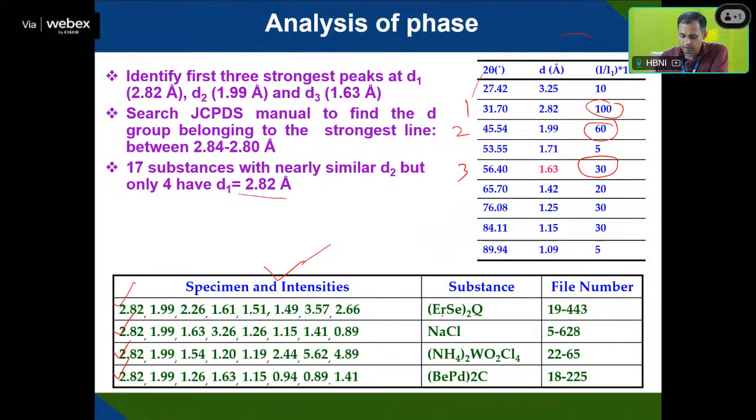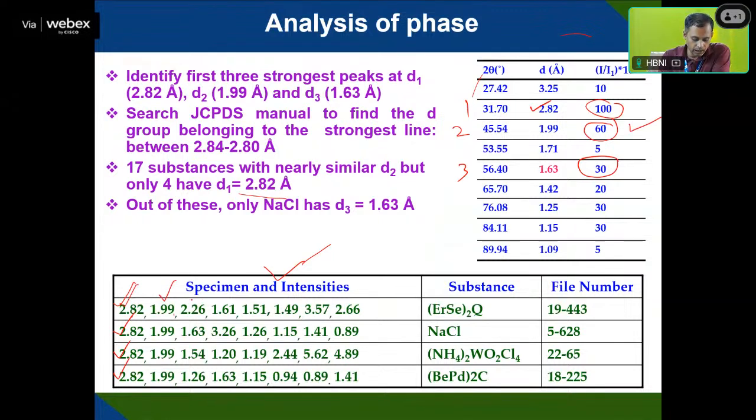So there will be NaCl or this ammonium tungsten oxychloride or this one. Out of 17, only 4 match the D spacing of the first plane, that is 2.82. Then out of these, only one matches 2.2, and for the second you can see 1.99, 1.99, that is also matching in the second case, our 60% intensity.